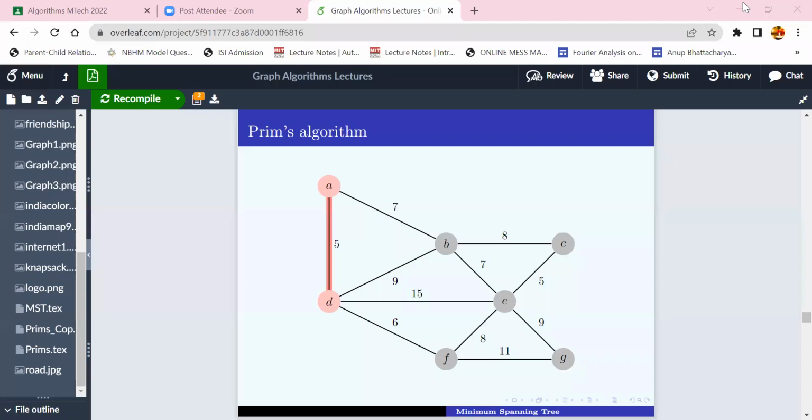Now can you see? Yes, now it's visible. Okay.